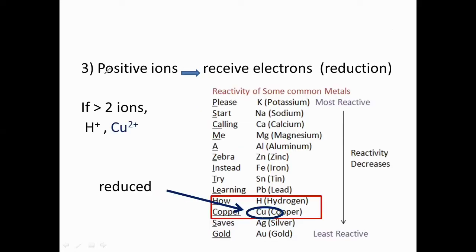Third convention, the positive ions migrate towards the negative electrode and receive electrons, and they undergo reduction.